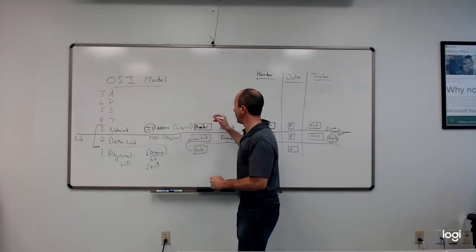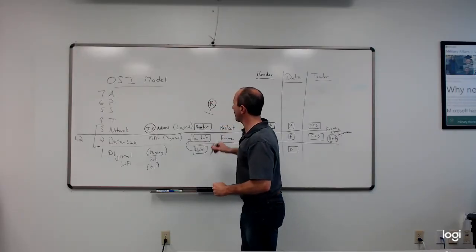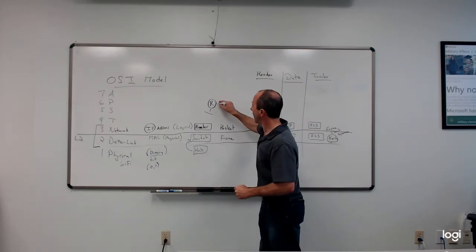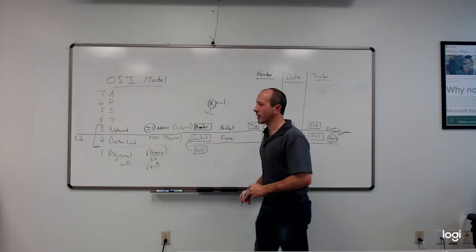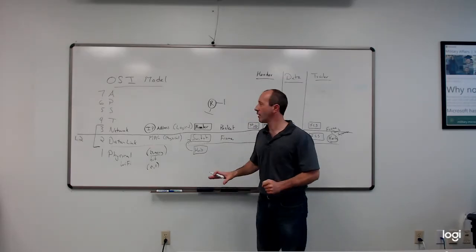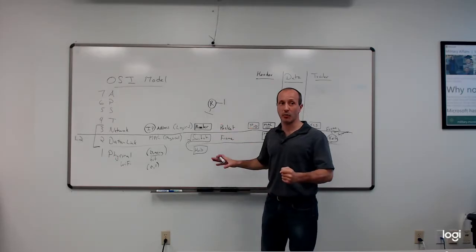So if I have this network over here, and this network over here, whatever they are, I have to separate them by a router. It's just the device that we use.